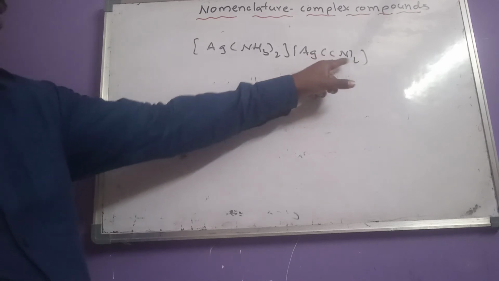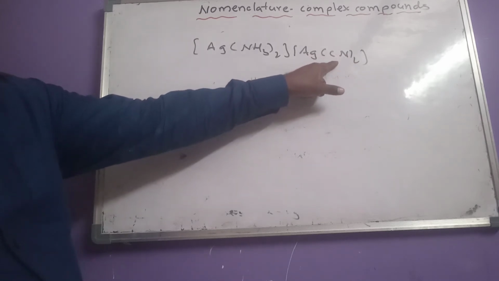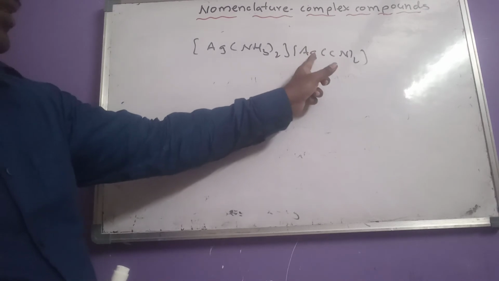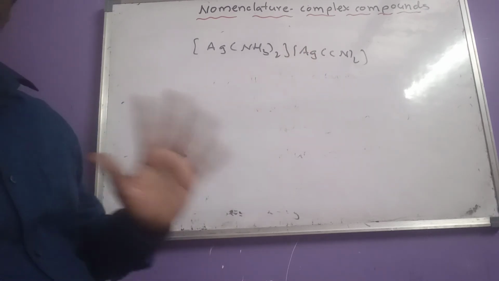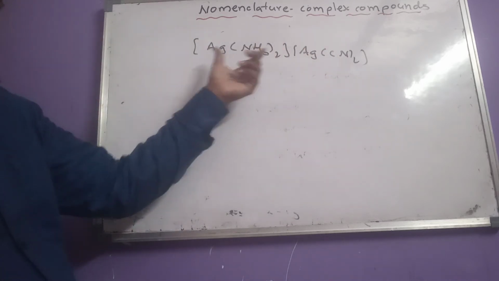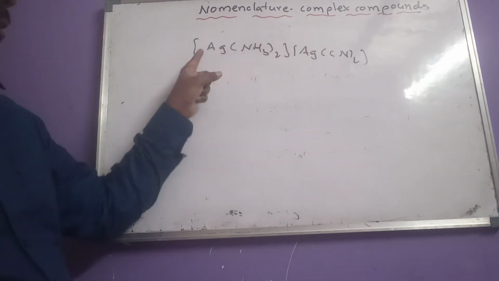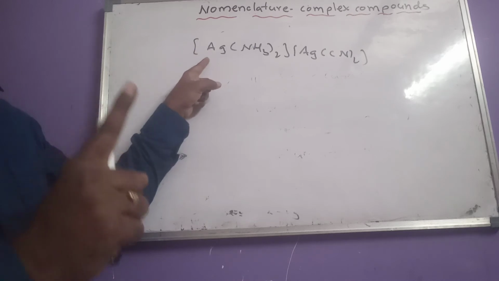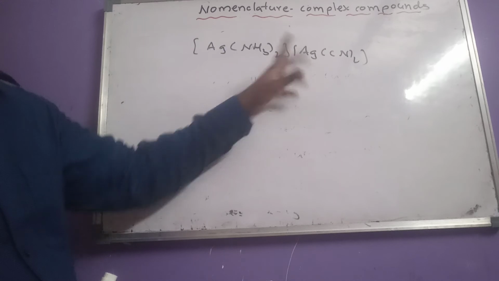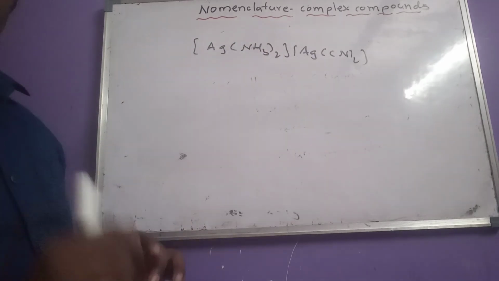Here Ag(CN) is taken twice. We know that cyanide has a -1 charge, so this silver will get +2 charge. But we have to share that +2 with each silver. That means this silver also has +1 oxidation state, and this silver also has +1 oxidation state. That is one thing we have to remember.